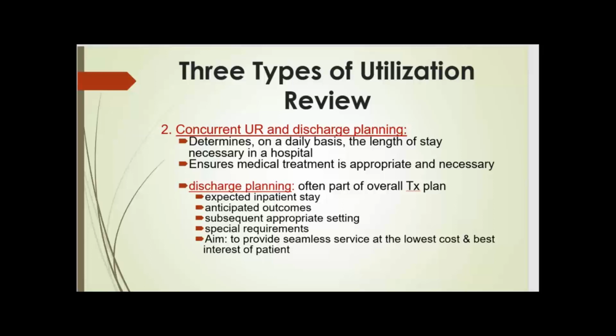A certain number of inpatient hospital days may be pre-authorized, but any extended stay would require authorization. The main benefits of concurrent review are to prevent overutilization of inpatient hospital services and to facilitate discharge planning.